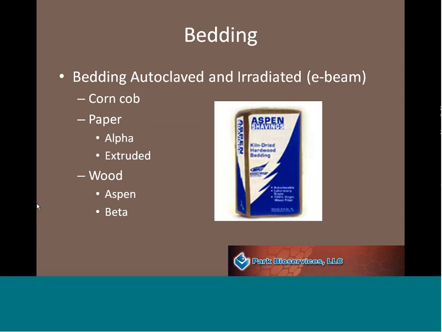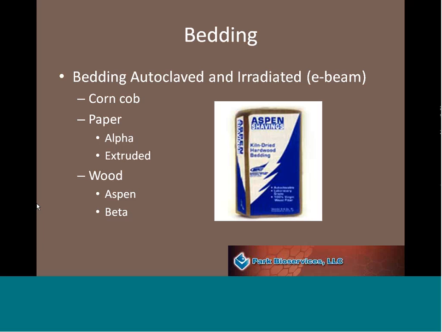So, bedding. There's a variety of products out there that come pre-sterilized. It's usually electron beam sterilized: corn cob, the paper products, and wood.